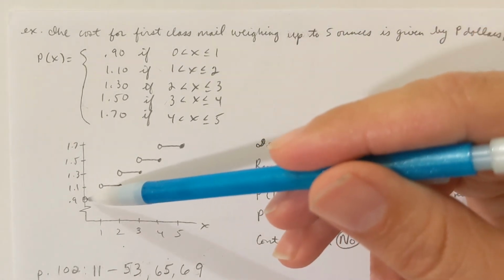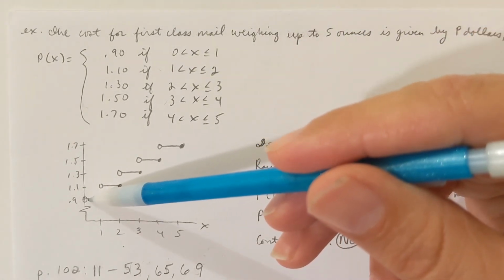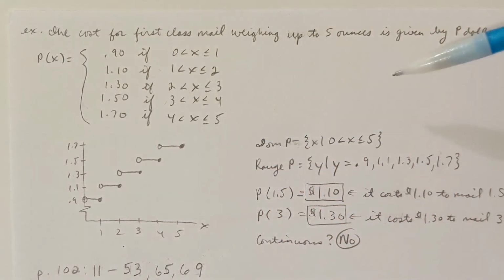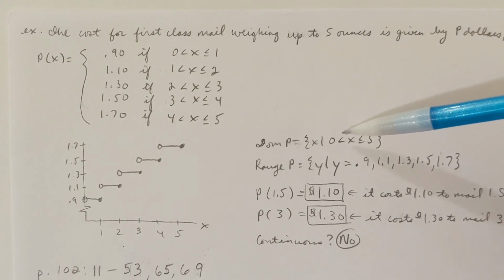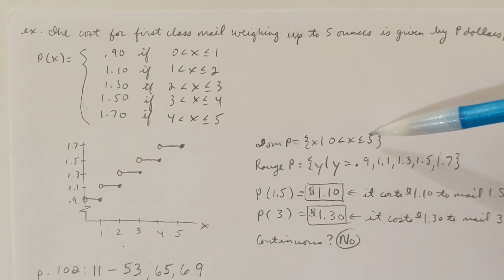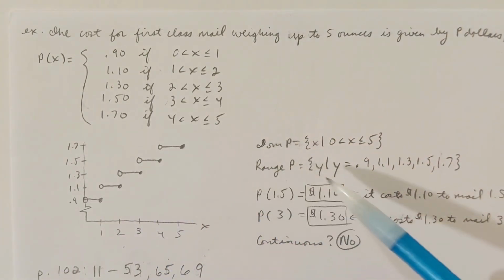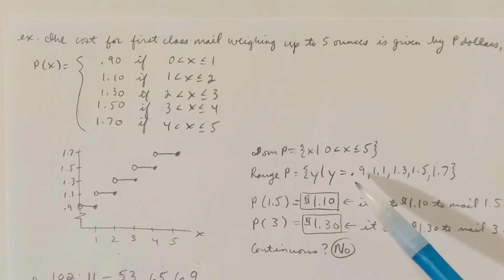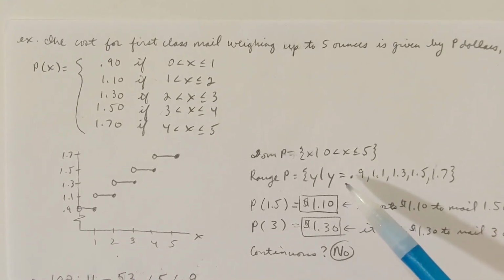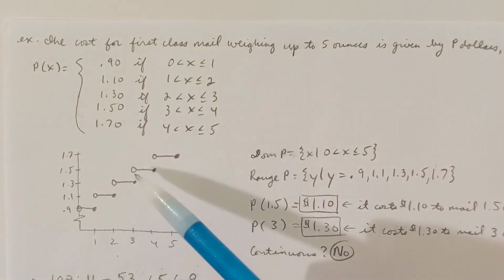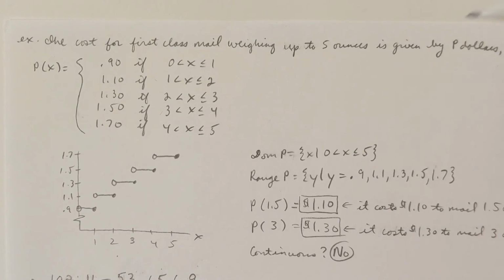So x equals 0 is going to have an open circle there, and the domain of P is the set of all x such that x is greater than 0 and less than or equal to 5. The range of P would be the set of all y such that y is equal to 0.9, 1.1, 1.3, 1.5, 1.7. And that's what I see on the step function.